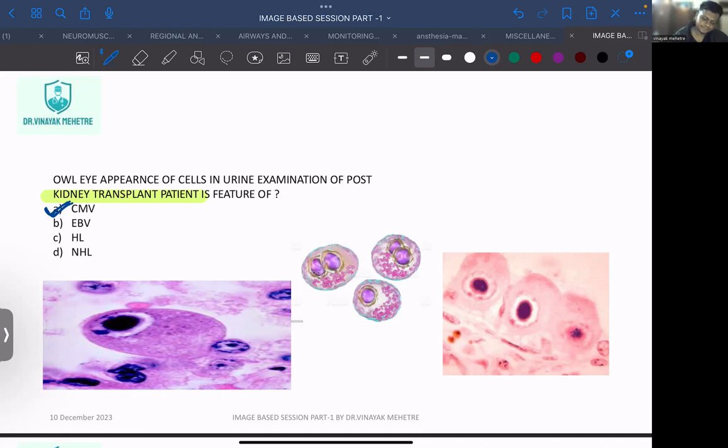ठीक है, take a look over here. Whatever concept you have made, it is wrong. So please look. Cell दिख रही है? Okay, there is one big cell.